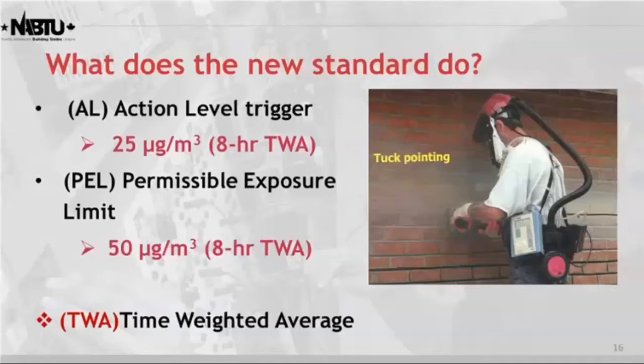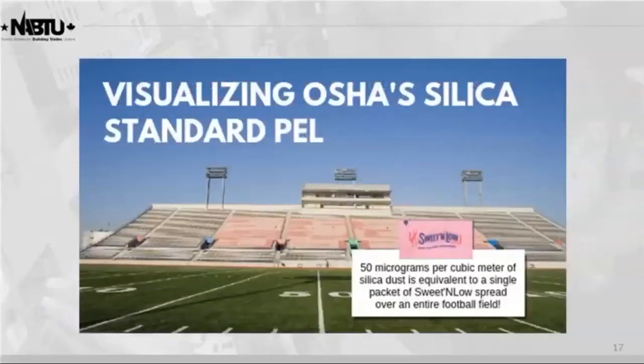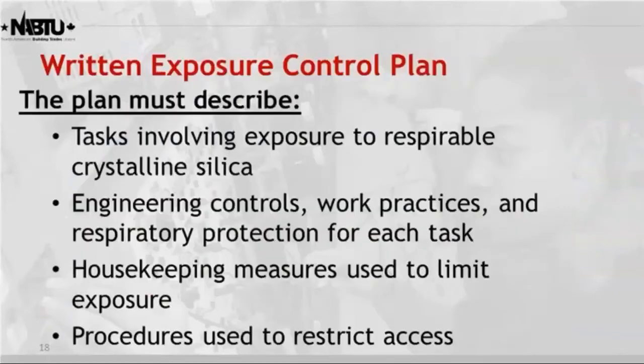But how big exactly is 50 micrograms per cubic meter? Well, if you take a look at a sugar packet, I'm sure you've seen these all over, there's various types, but if you can just picture that being spread over a football field, that's 50 micrograms per cubic meter of air. So it's not very much. It's very small.